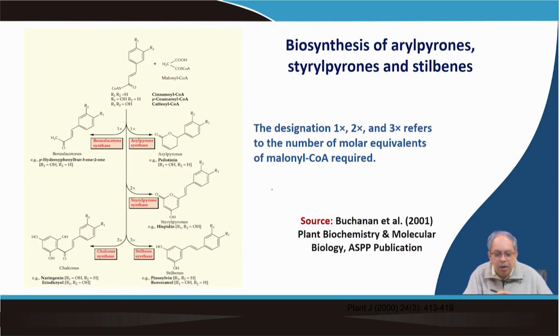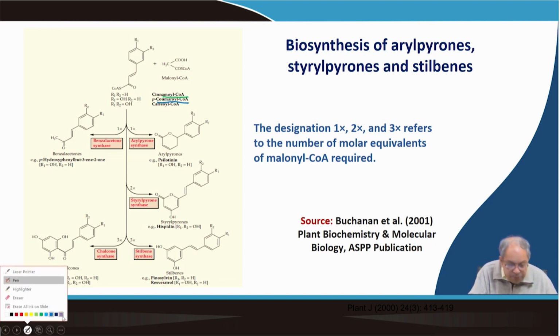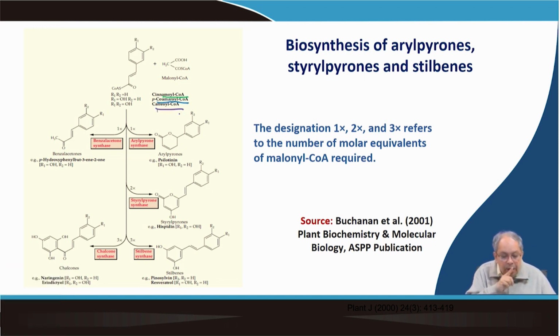And then similarly, malonyl CoA with paracoumaryl CoA, or malonyl CoA with cinnamyl CoA, or malonyl CoA with caffeoyl CoA, that means malonyl CoA joins with cinnamyl CoA or paracoumaryl CoA or even caffeoyl CoA and forms different structures like benzyl acetones, like aryl pyrone.